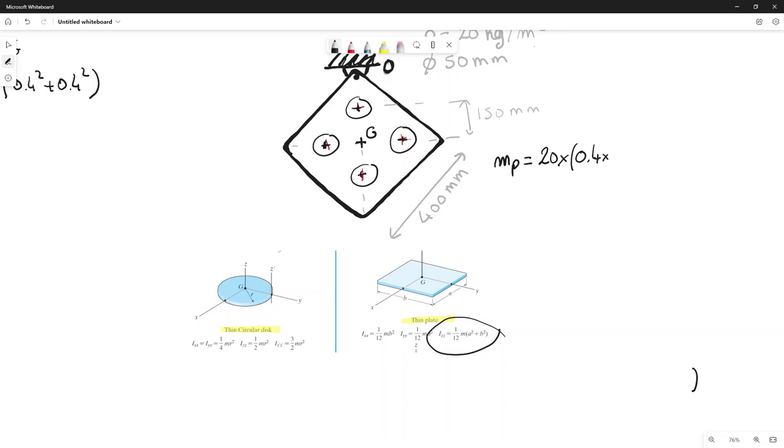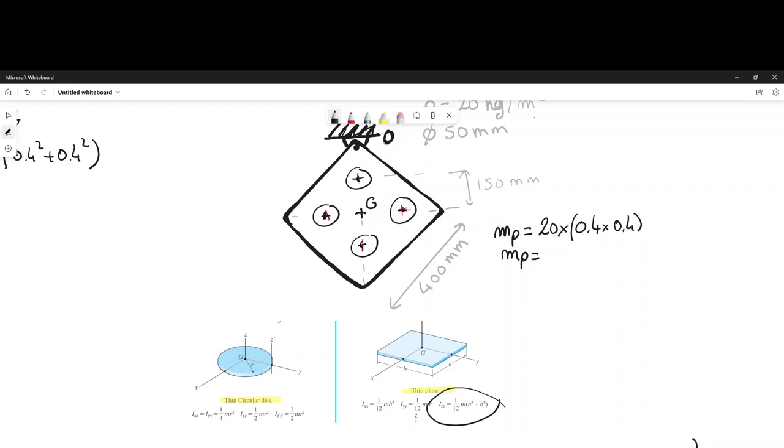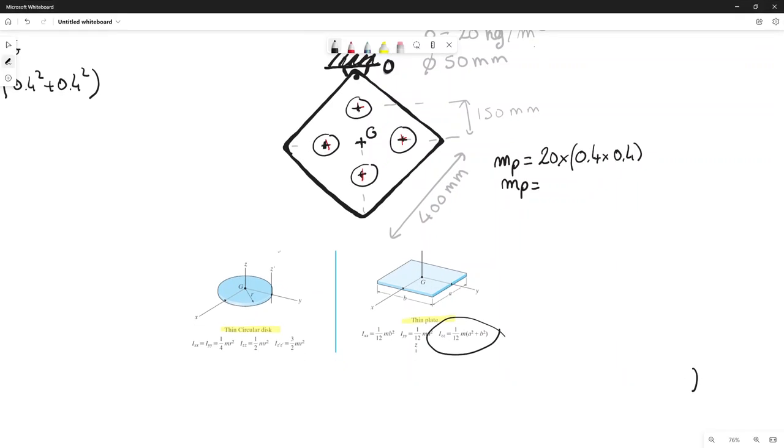How much is that? Let me find it at the same time. That will be 3.2 kilograms.